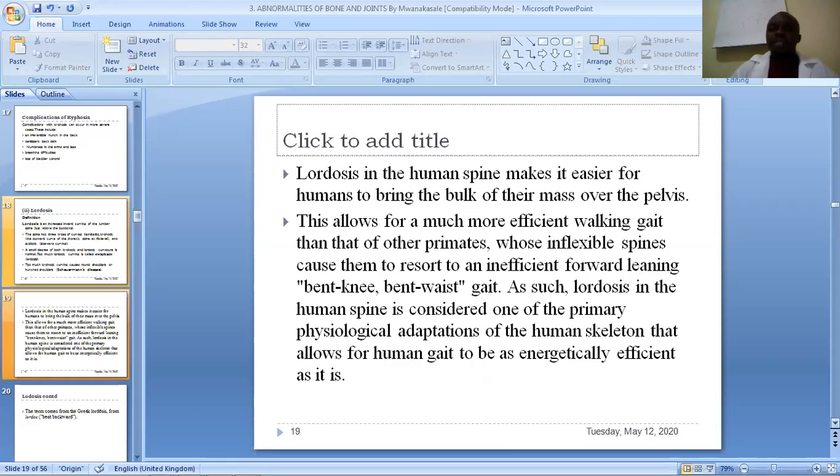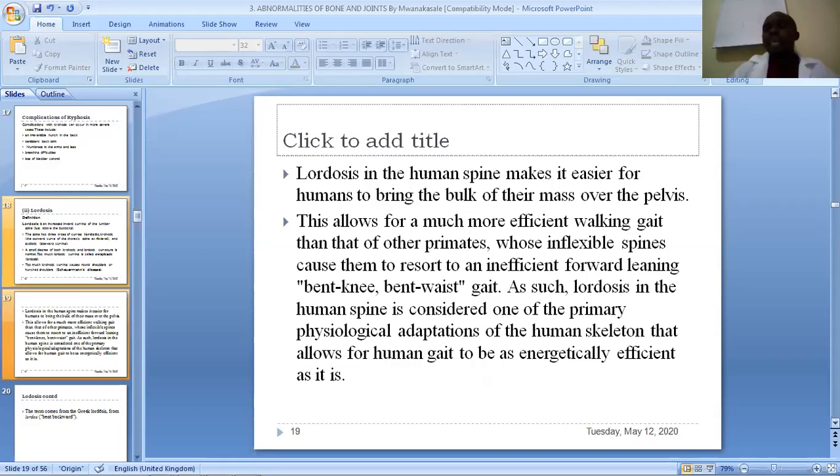As such, lordosis in the human spine is considered one of the primary physiological adaptations of the human skeleton that allows for human gait to be as energetically efficient as it is. Otherwise, without that slight lordotic curve, we would also have our knees bent as we walk around like these other primates.